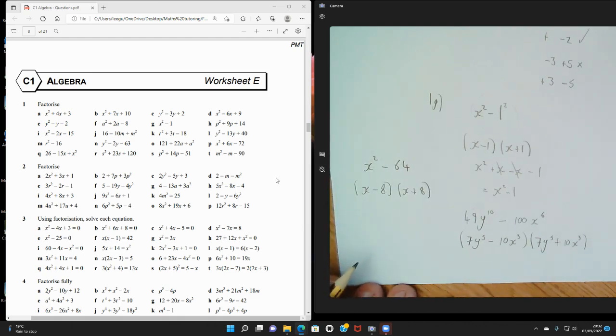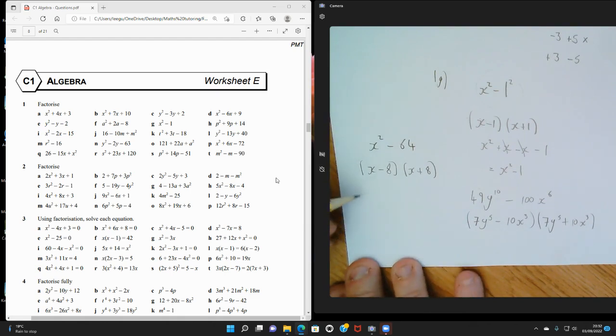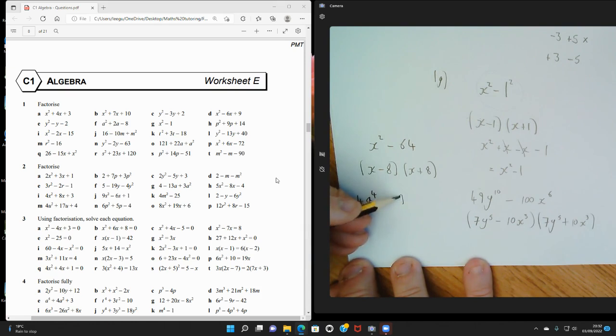Okay, let's have a look at another one. Let's imagine I had this time 4a to the power of 4 minus 9b to the power of 8.